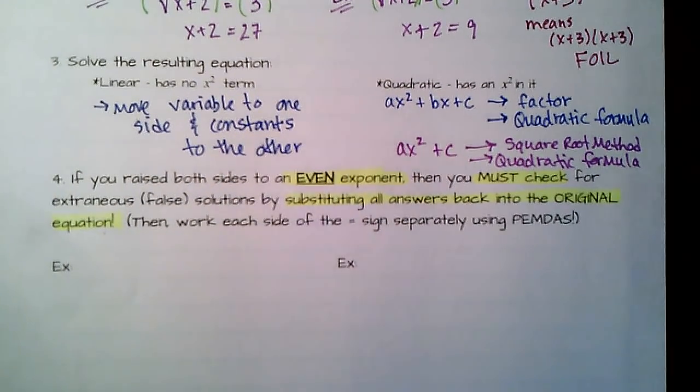Then after we substitute back in, you work out both sides of the equation separately using the order of operations. And if they end up matching, then your solution works. If they don't match, it's an extraneous solution.